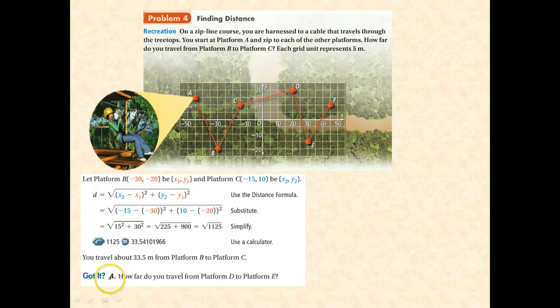So pause and see if you can figure out how far you travel from platform D to platform E. Okay, let's see. D is at 20, 20. And E is at 30, negative 15.